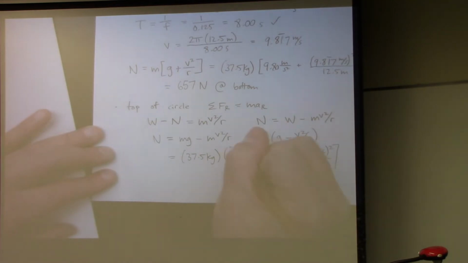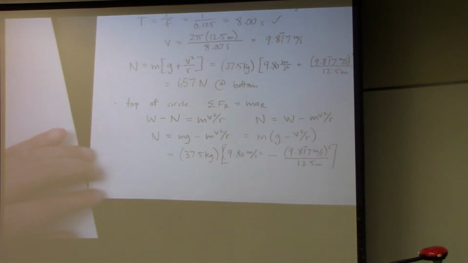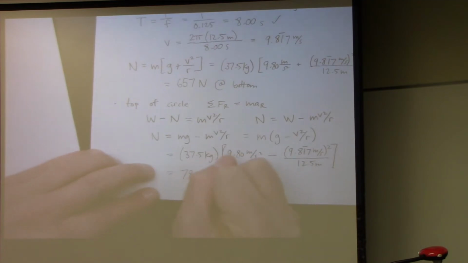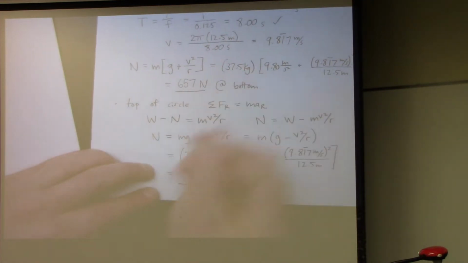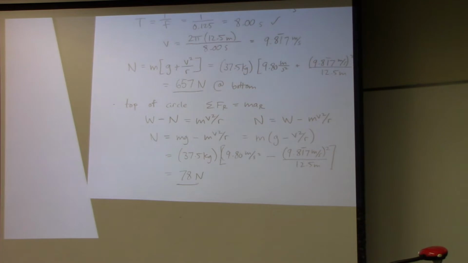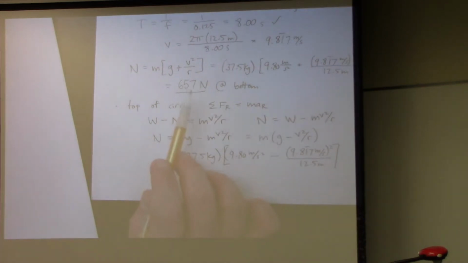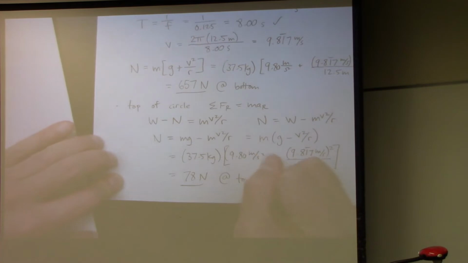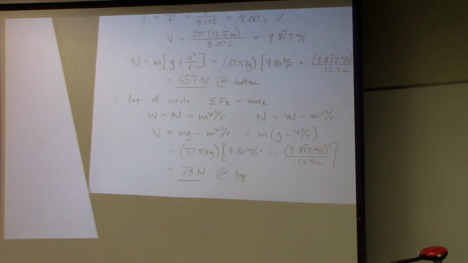That's what we have. And if you do the calculation, you're going to find this is only 78 newtons now. So notice, if we compare, there's a much bigger normal force at the bottom of the ride compared to at the top of the ride, exactly as we expected. Okay? So that came out in the calculations.